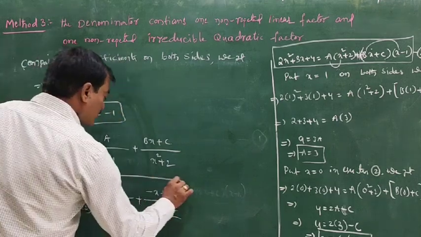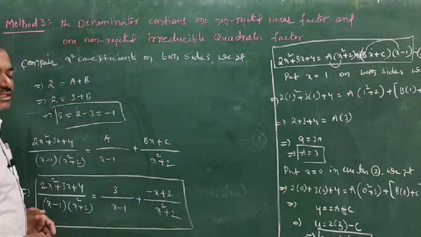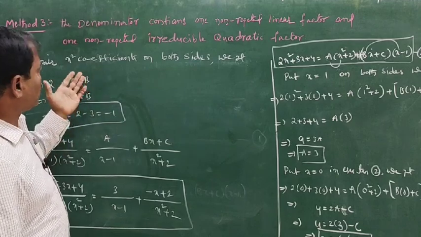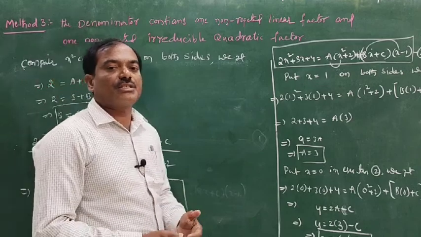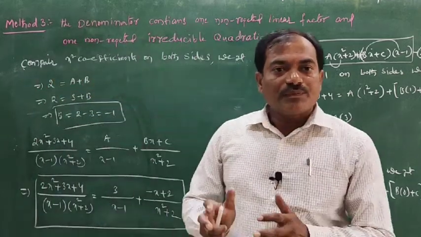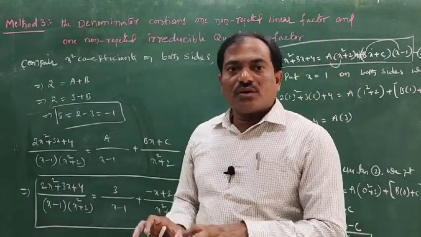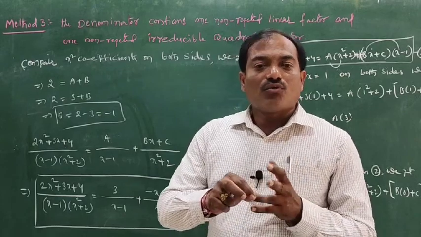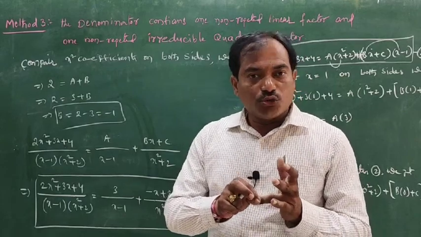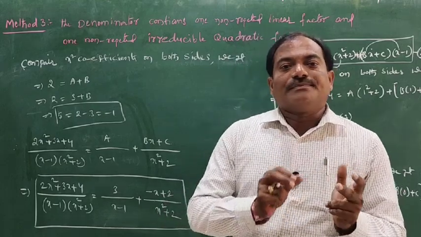Now this resolves the given rational fraction into partial fractions. Now students, please remember here the denominator g(x) contains one non-repeated linear factor and one non-repeated irreducible quadratic factor.